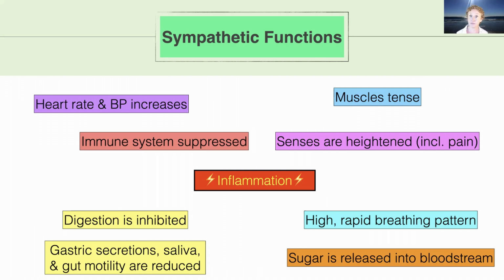Your immune system gets suppressed. So the sympathetic state is supposed to be used for short-term emergencies, right? I'm getting attacked by a bear. I need to respond to it really quickly. We need to divert all our energy to that state. But the immune system takes quite a lot of our body's overall tank of energy.